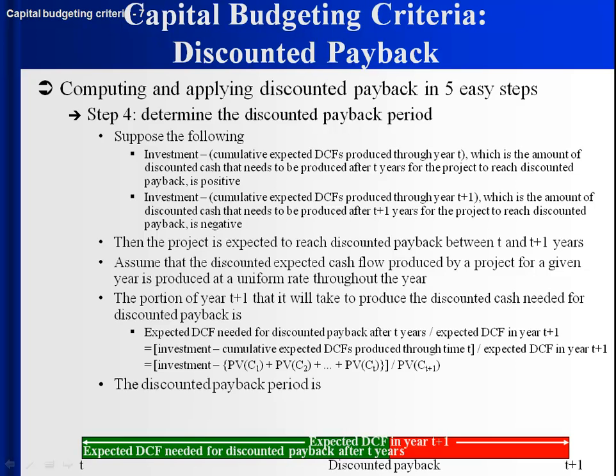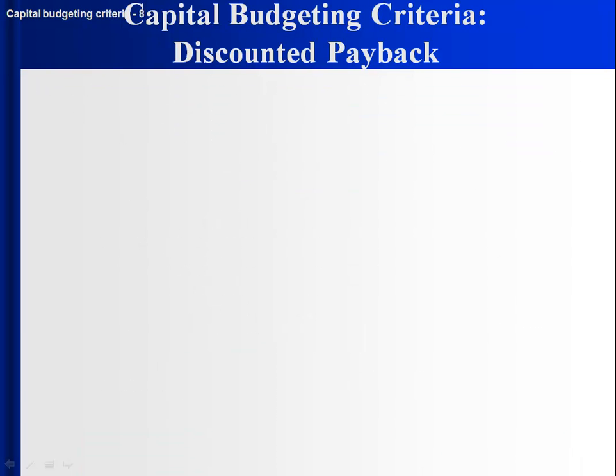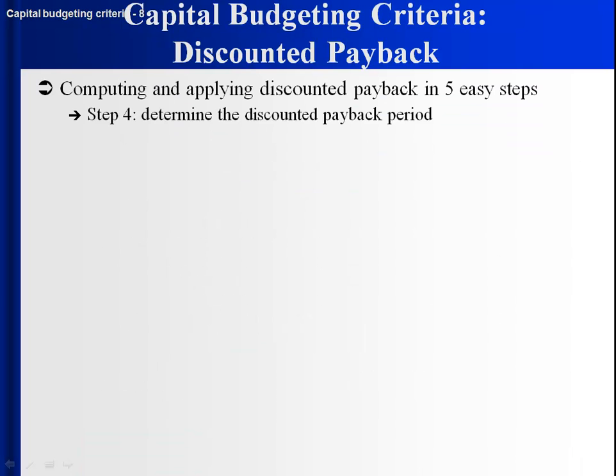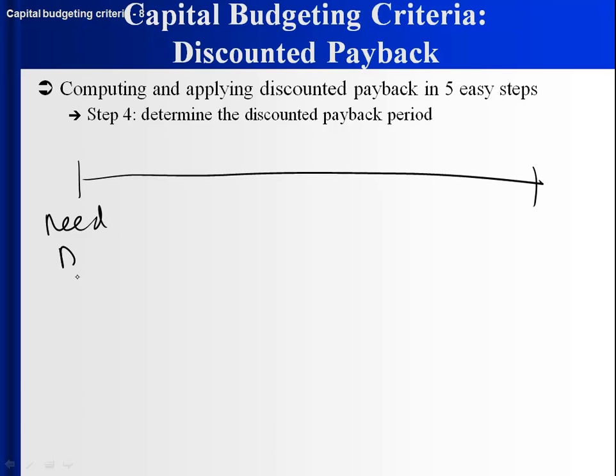Well, again, that's all set out here. Oops, that's all set out here, and I'll just leave it up for a second, and if you want to look at it, you can freeze this. But basically, at the beginning, you still need money, you still need discounted cash. At the end, you have more than needed.